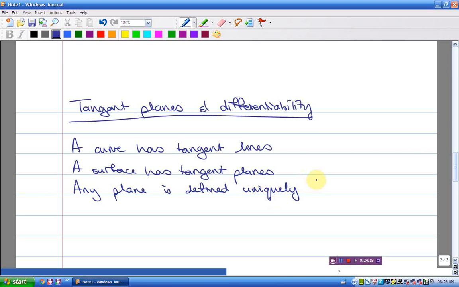A plane is determined uniquely by a point and two non-parallel direction vectors.